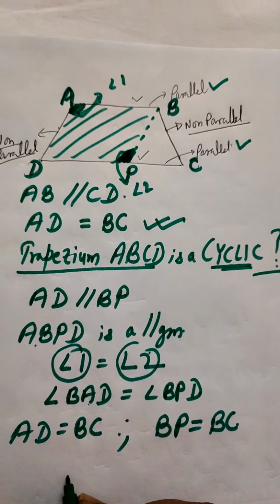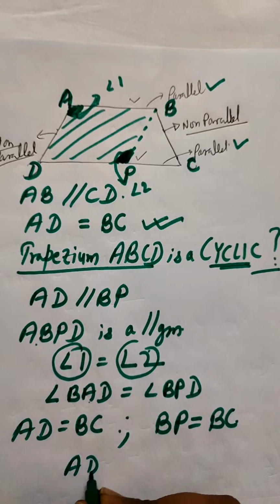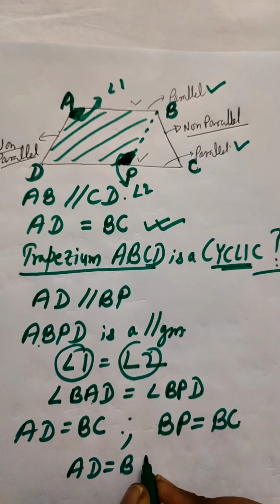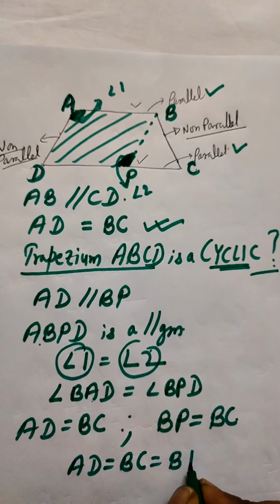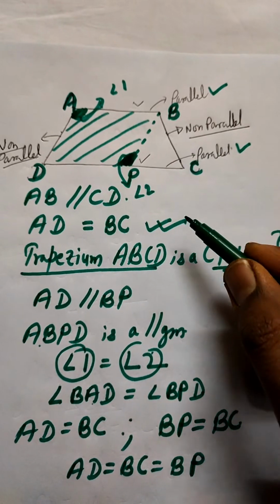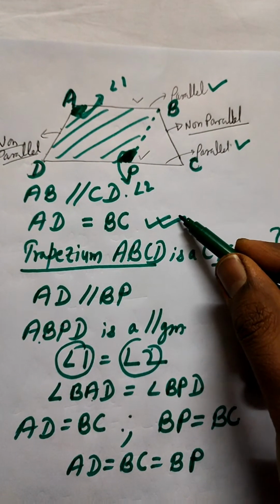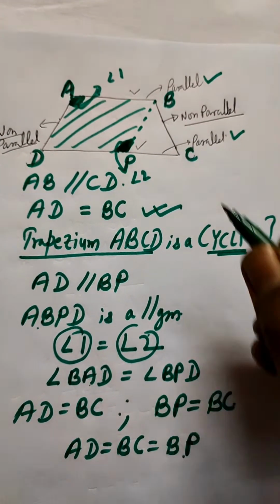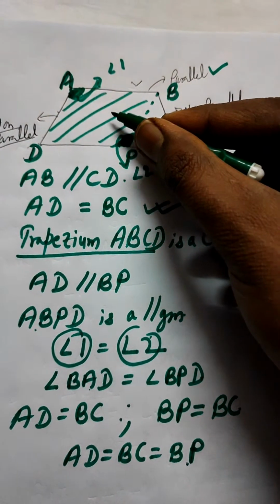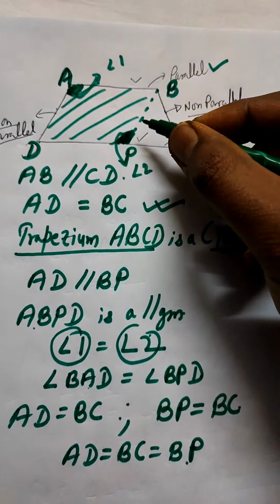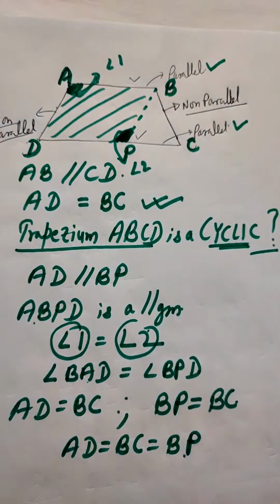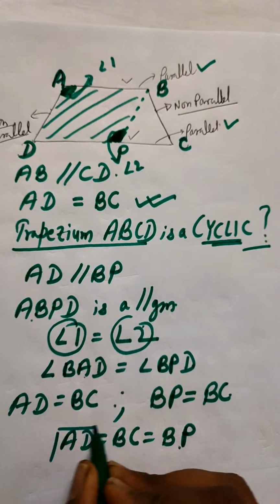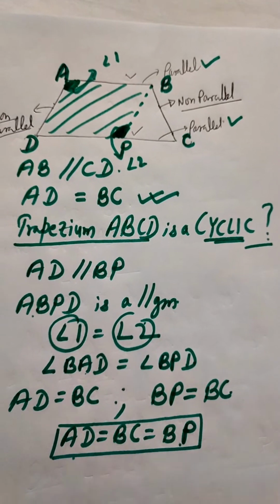We can say that AD is equal to BC is equal to BP, right? One criterion is given in the question, and the third, after the construction and proving ABPD a parallelogram, is that AD equals BC equals BP.